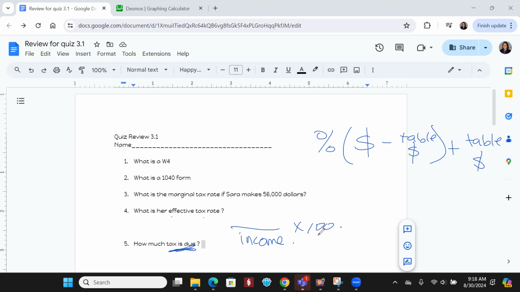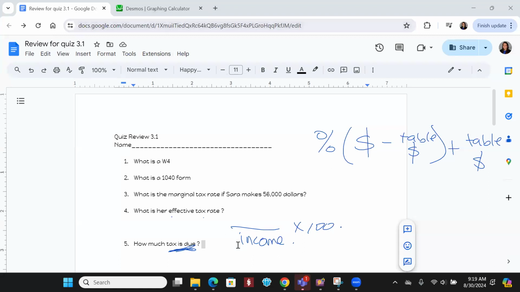Are we okay on 2, 3, 4, 5? I'm giving you that table. That's what you get. The one to the right. That table.